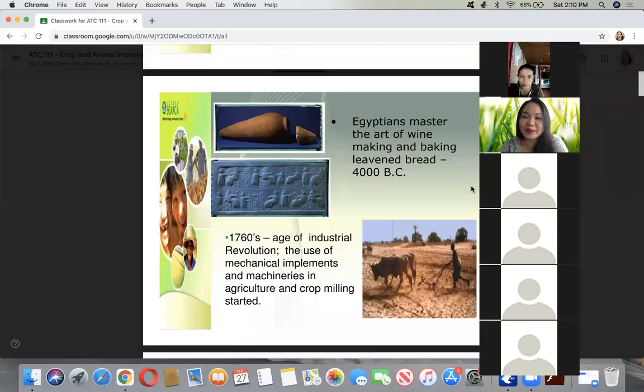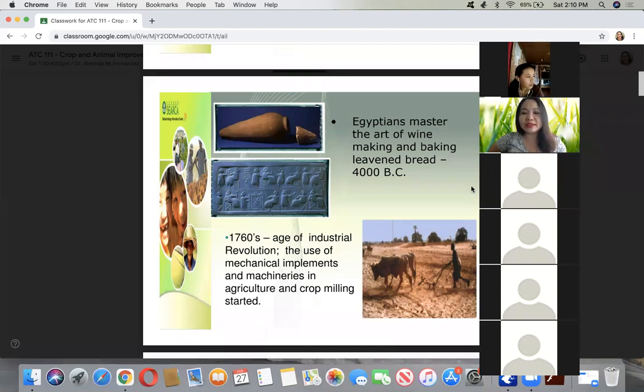Yes. We already had communities, but prior to that there must have been Filipinos or early settlers before 1521.